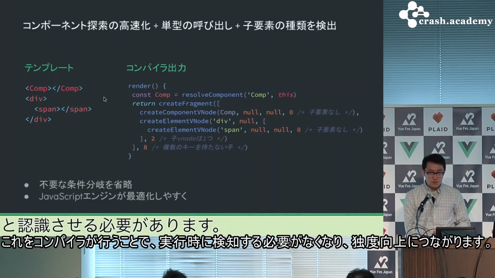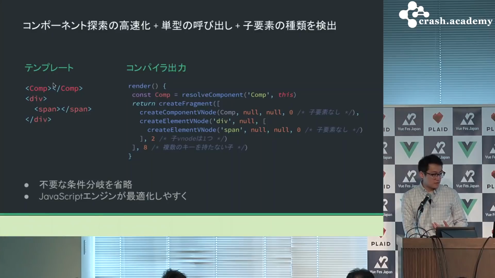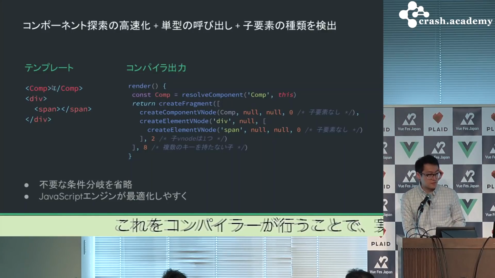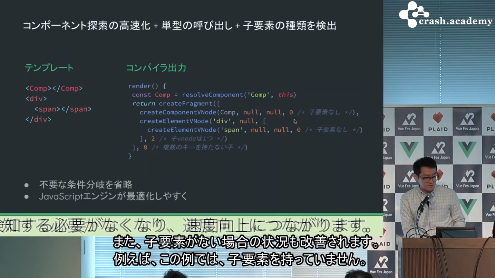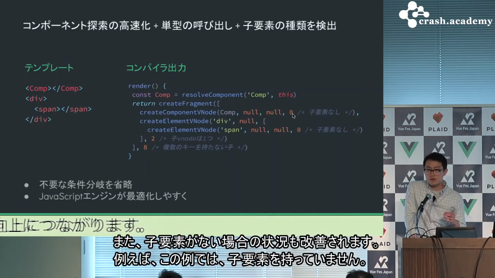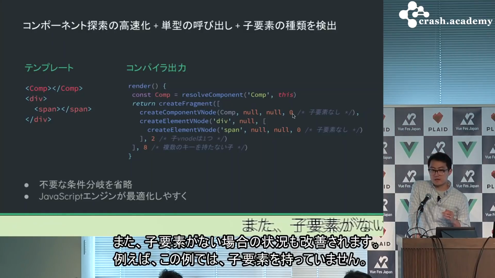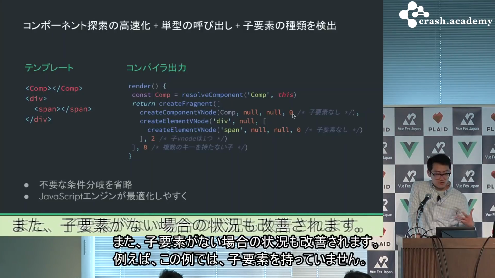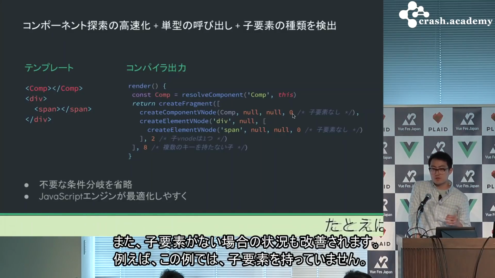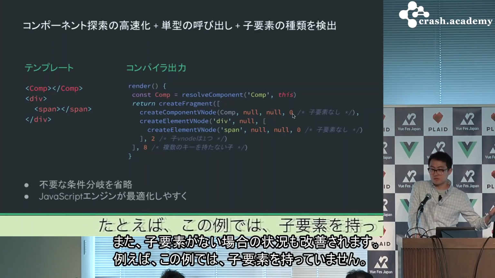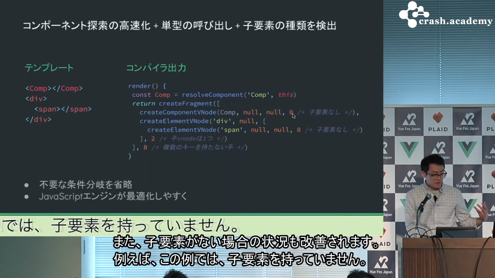And children type detection means by looking at the template, we are able to tell how many child elements a parent element has. For example, this component has no children. Therefore, in the code we generate, we have this 0 here. This is a number. It's actually a bitwise flag. So internally, our runtime is able to see this number and know, okay, this element has no children, so I can skip anything that's related to children for this component.